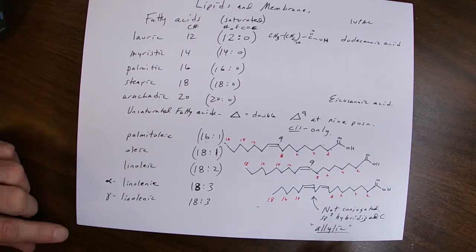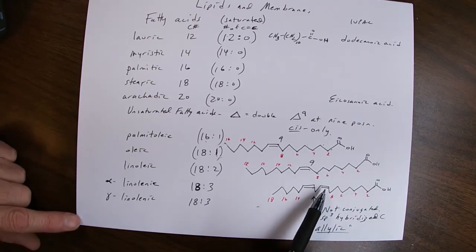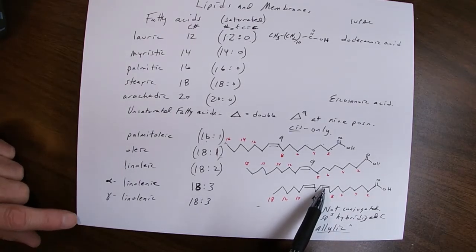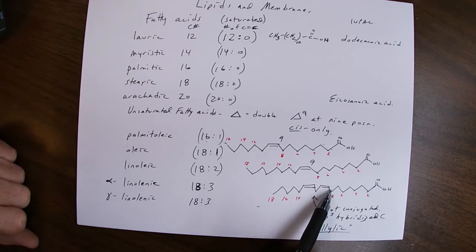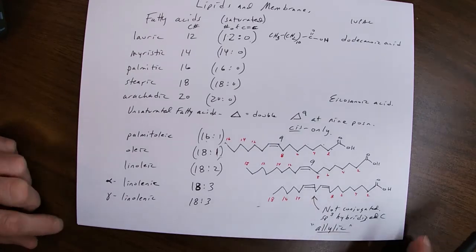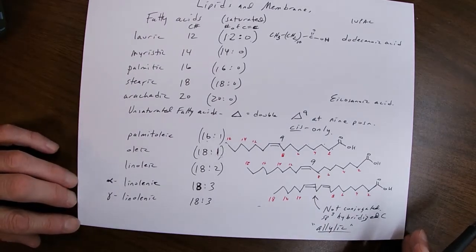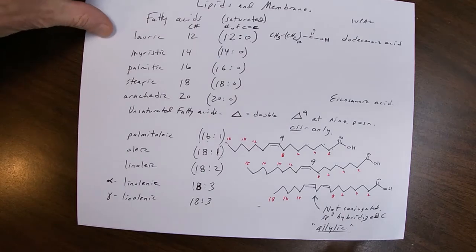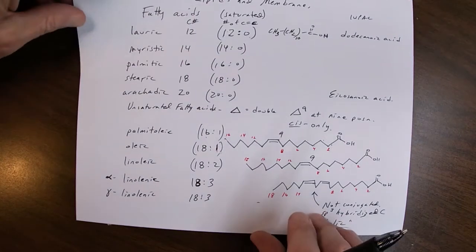Okay, adjacent to the double bond. So if you have a polyunsaturated, you're going to have 2 or more double bonds, and they are separated again by a sp3 hybridized carbon. Now, I'm going to go to the next page to give you the IUPAC nomenclature of these and draw the next 2 structures.